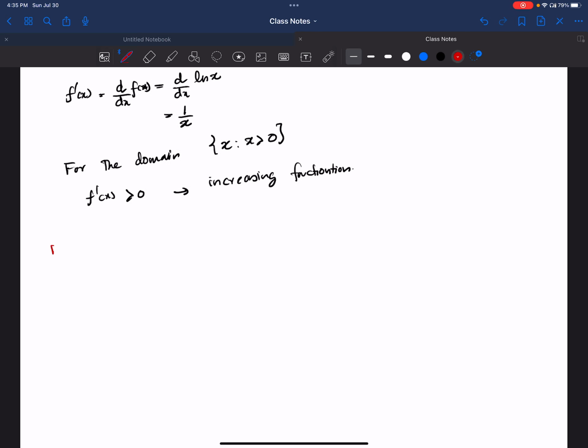The second example: find the intervals on which f of x equals x squared minus 2x minus 3 is monotonic.